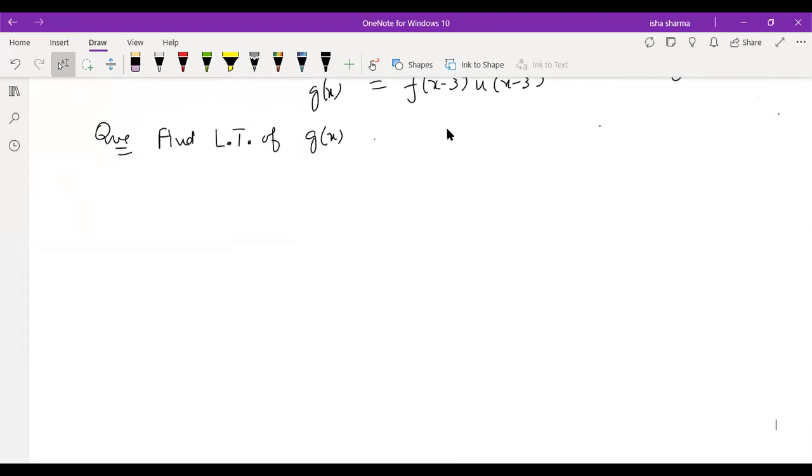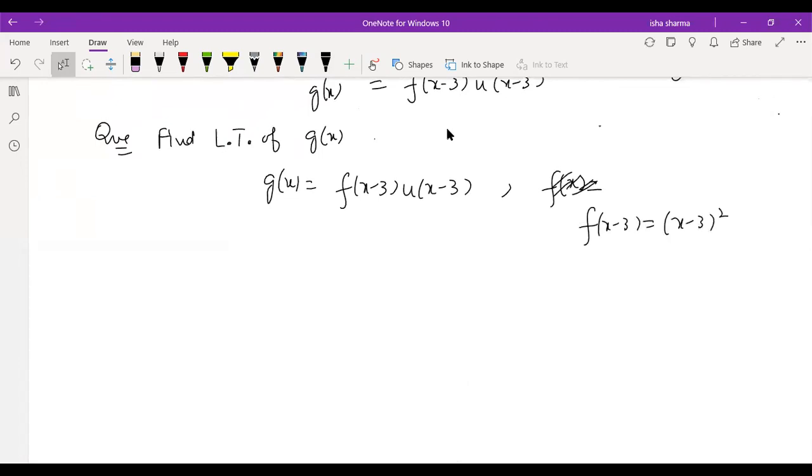Okay, so let me just write it. Now we have got our function in this form: f(x minus 3) u(x minus 3). And what was f(x minus 3)? That was (x minus 3) square.